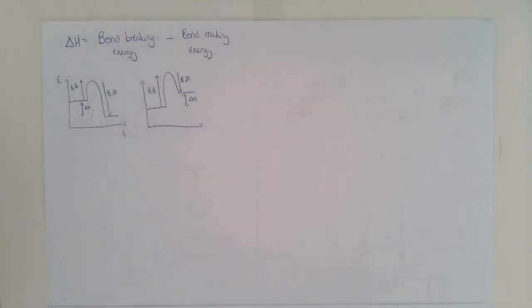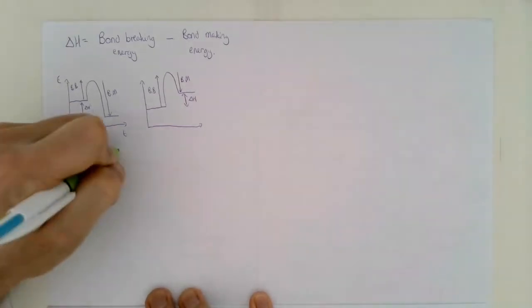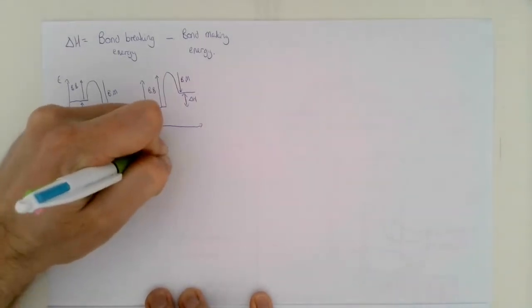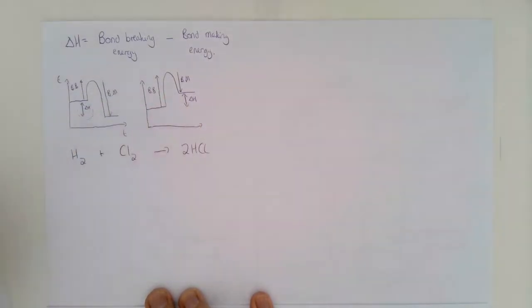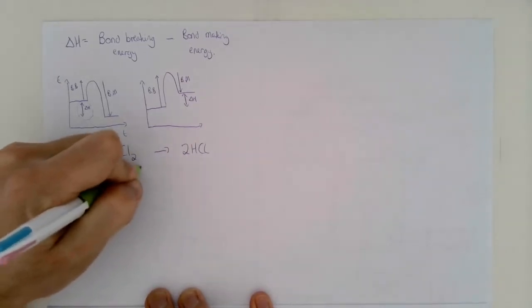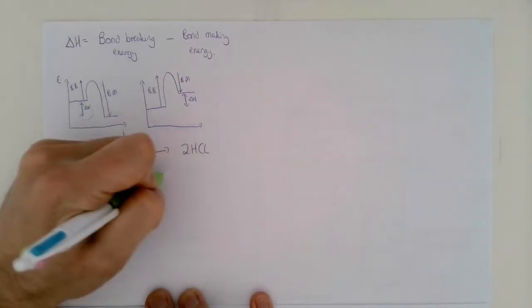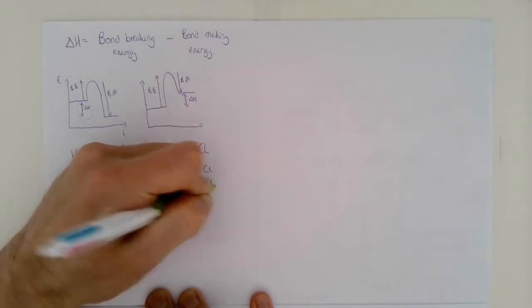So if we go back to our reaction, which was H2 plus Cl2 going to make 2HCl, we talked about the fact that you've got two hydrogens attached and two chlorines attached reacting together, and they're making HCl and another HCl.